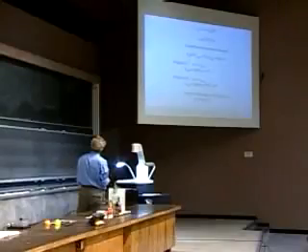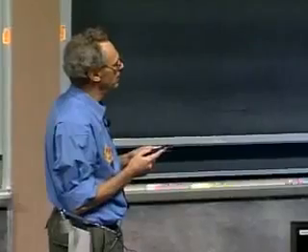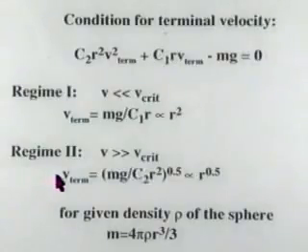Then we have regime 1, whereby the speed is way less than the critical speed, and then you get the terminal velocity, as you see on the blackboard, which is proportional to r squared, if you only look at objects which have a particular given density. And if the speed is way larger than the critical speed, you are in regime 2, and then you have a dependence with the square root of r.